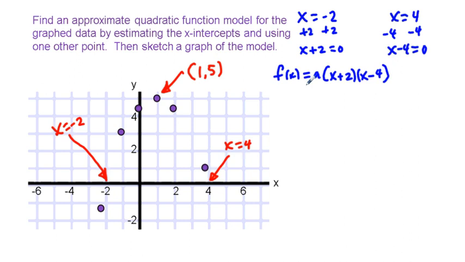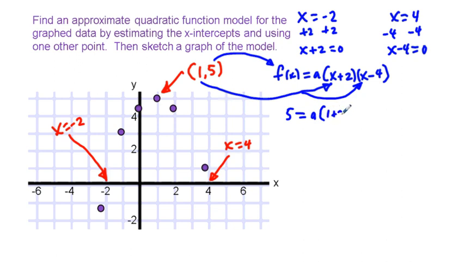So we really need to find out what A is. And to find out what A is, we're going to use this point 1 comma 5. So this 5 is going to replace this f of x, and this 1 is going to replace this x here, and also this x over here. So we do that, we have 5 is equal to a times 1 plus 2, and 1 times quantity 1 minus 4.